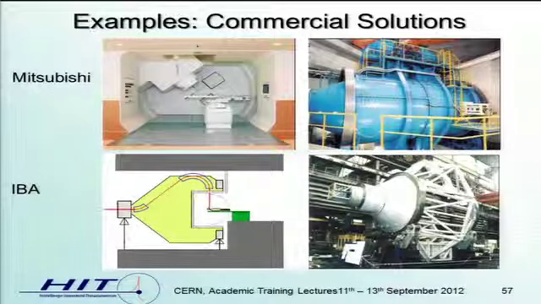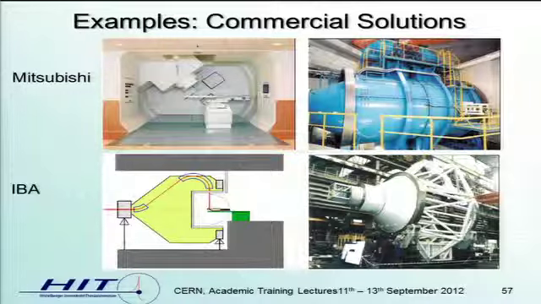from commercial companies. This is the Mitsubishi version, which forms more like a tube with the beam bent around here. There are also some magnets, or the IBA version, which is more a structure version of that.